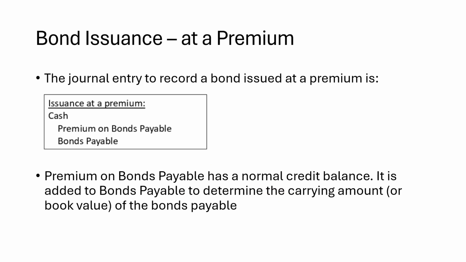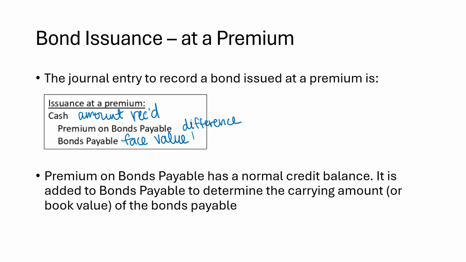Again, here's the journal entry. Remember that the debit to cash is for the amount received. Bonds payable is the face value. And then premium on bonds payable will be credited for the difference.